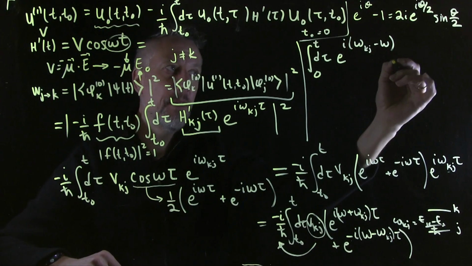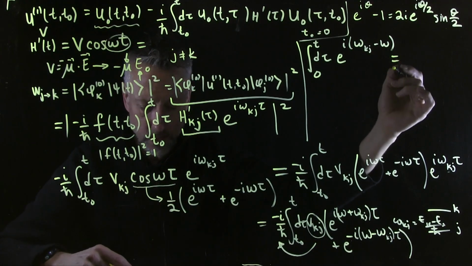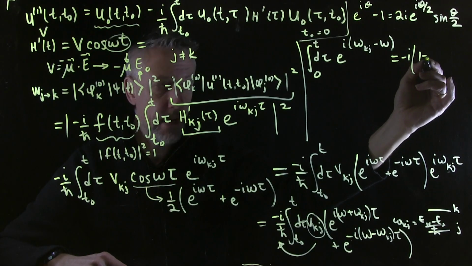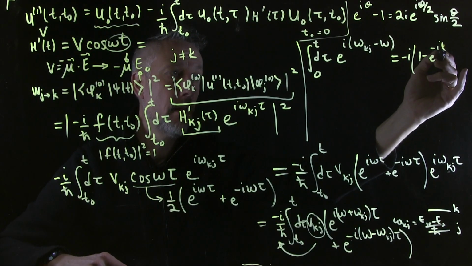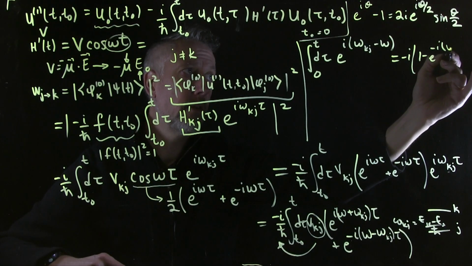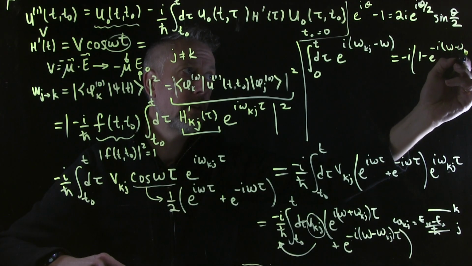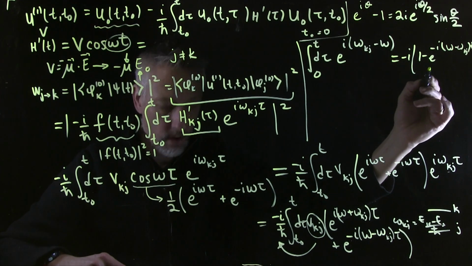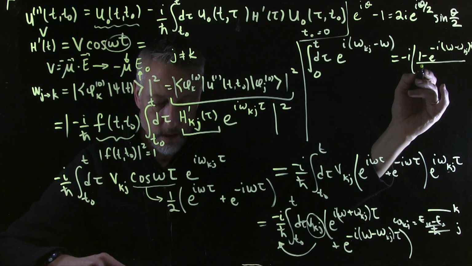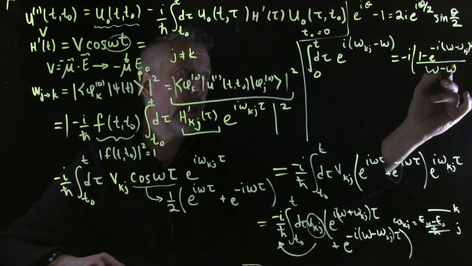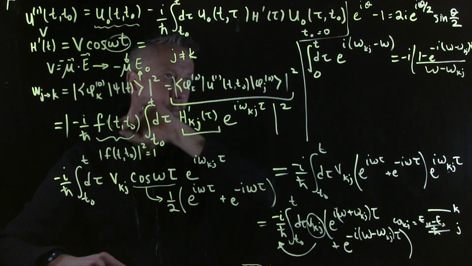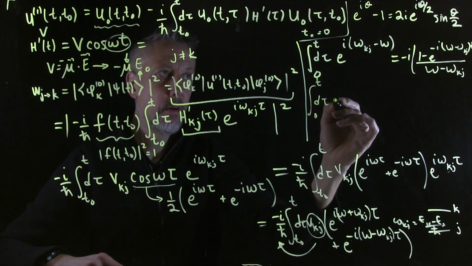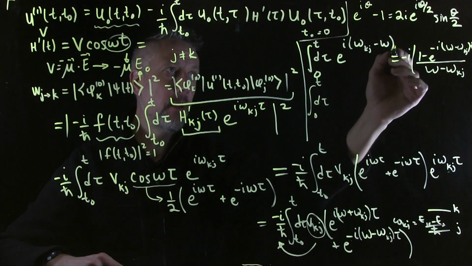Okay, so we can write down what this integral is. You can either look it up, you can do it in Mathematica, there are lots of different ways. It's 1 minus e to the minus i (omega minus omega_kj) t, and the order of all this is important, divided by omega minus omega_kj. The other term is similar, of course; we're just changing around the signs.